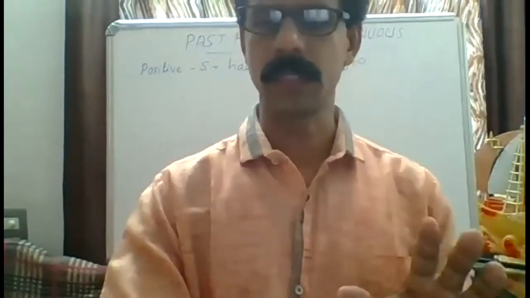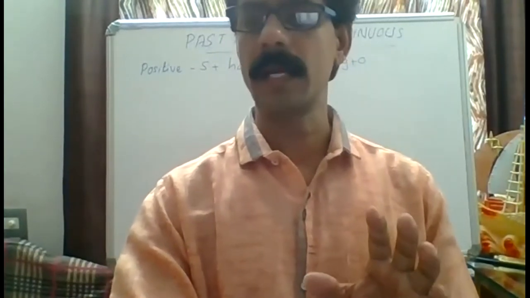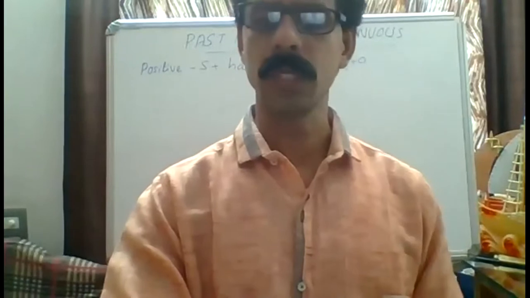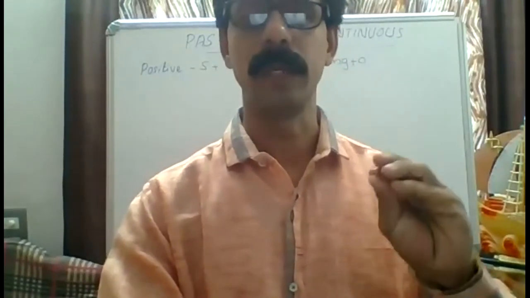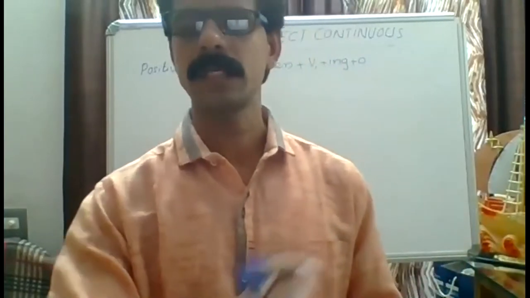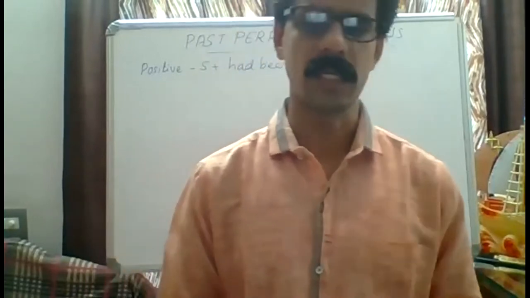Instead of have, has, we must use had plus v3 been plus ing. Had been plus ing is the form of past perfect continuous.